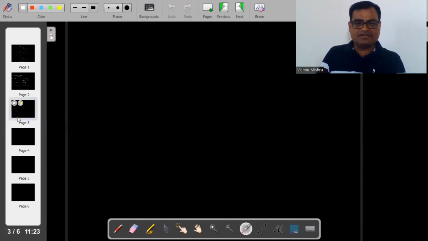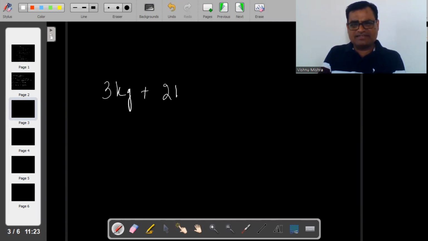Before moving to the first application, let's move concept wise. Can you tell me what is 3 kg plus 2 kg? It is 5 kg, doesn't it? Because 3 plus 2 is 5, and kg plus kg is kg.